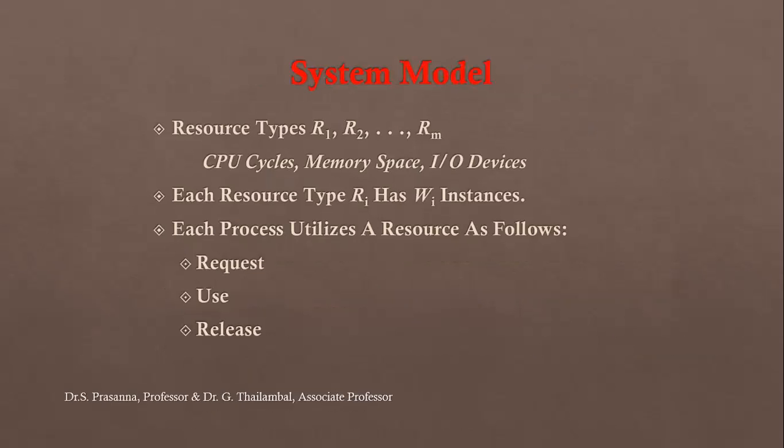System model. Resource types R1, R2, ..., Rm: CPU cycles, memory space, and IO devices. These are all called resources. Each resource type Ri has Wi instances.